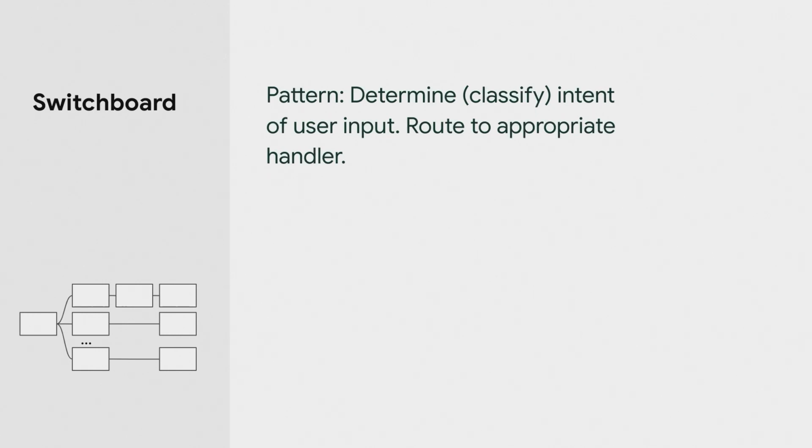All right, the next pattern is the switchboard. Here, you can determine or classify the intent of the user and then route to an appropriate handler. One of the things that I often see is people trying to ask the model to produce factual information.